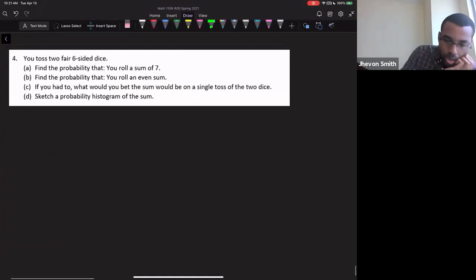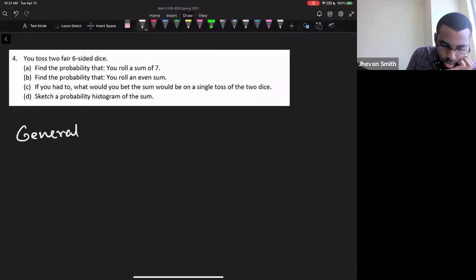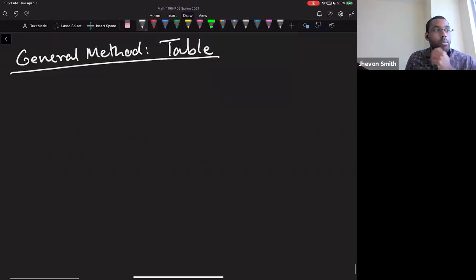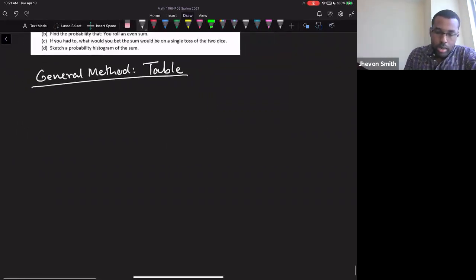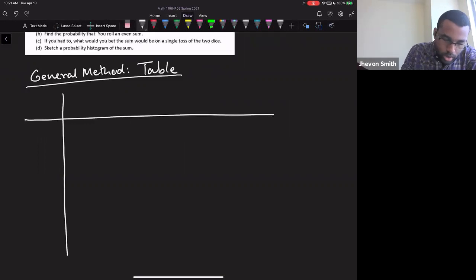So here, I would say the general method is a table. So I showed you the kind of table that we would use here. You put the option for die 1 and the option for die 2.